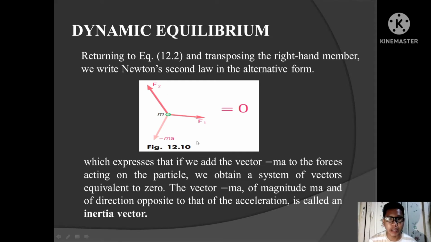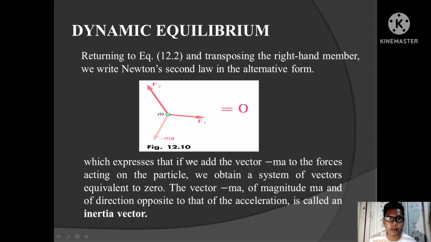In dynamic equilibrium, if we add the vector minus mass times acceleration to the forces acting on the particle, we obtain a system of vectors that is equivalent to zero. So it is easy for us to understand dynamic equilibrium: if we add the vector negative mass times acceleration, then our system of vectors is equivalent to zero.